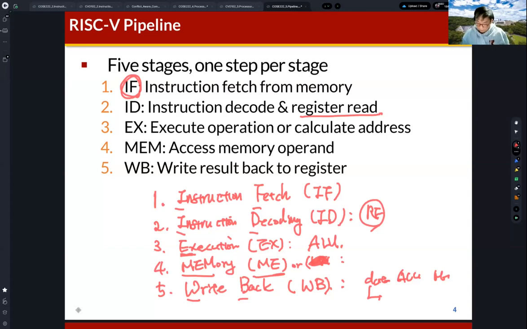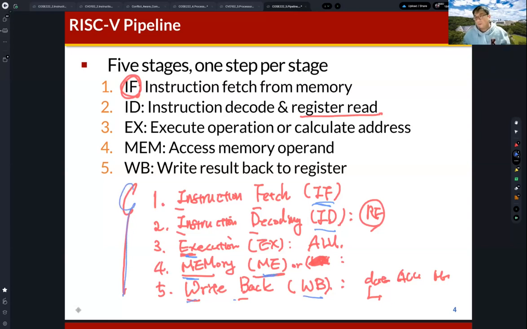So we can divide the required steps for executing an instruction into 5 steps. The names of these 5 steps are instruction fetch, IF, instruction decoding, execution, memory, ME, and write back.